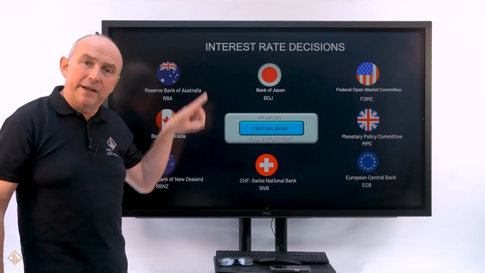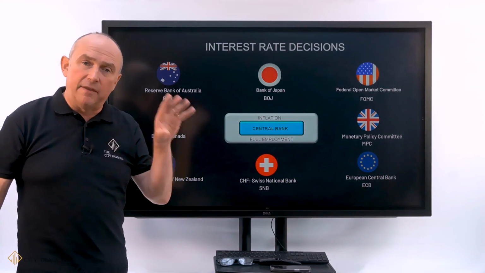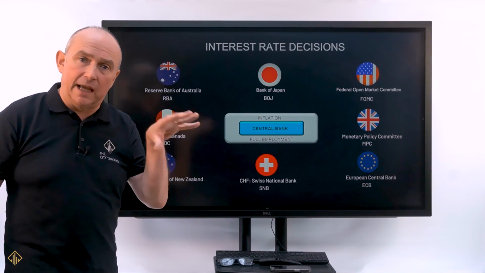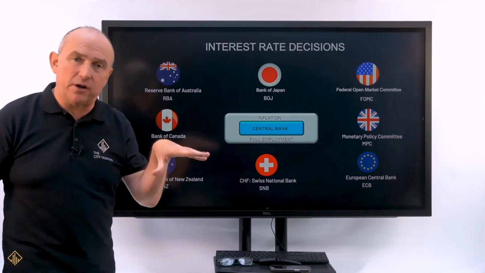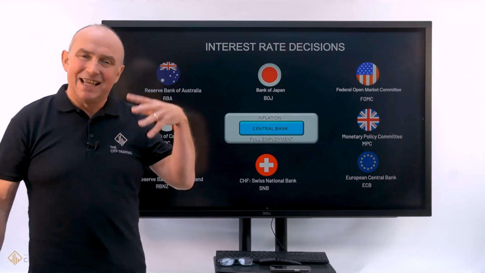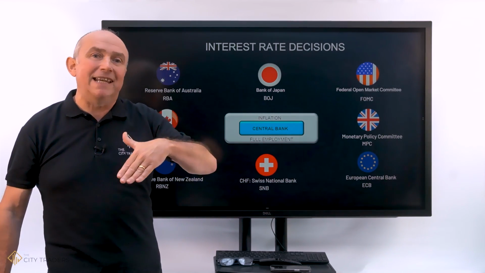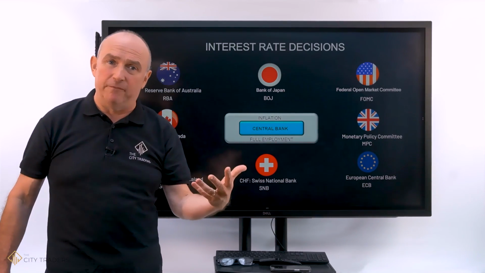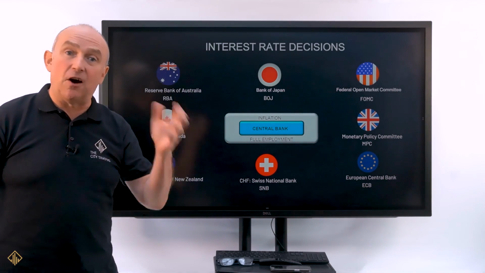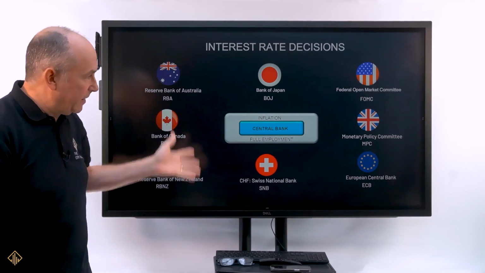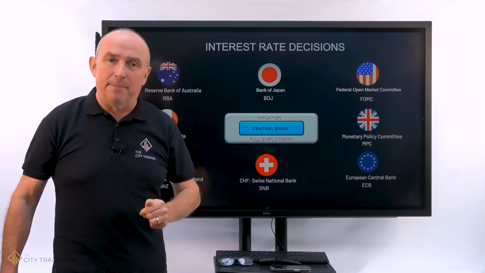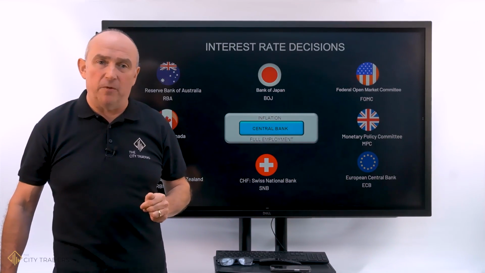Now, normally once a month, these get together and they decide on monetary policy. They decide on interest rates, but it's not only their decision, which in this day and age is pretty priced in. They follow up with a statement afterwards, and they have a press conference where all the journalists ask the governors and the presidents questions about the general health of the economy and so forth.